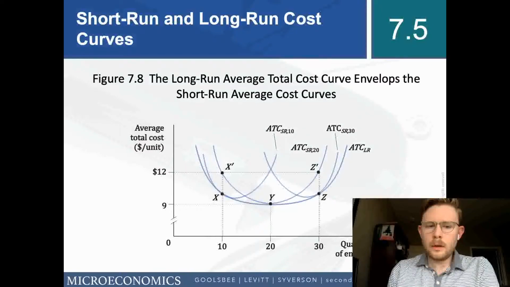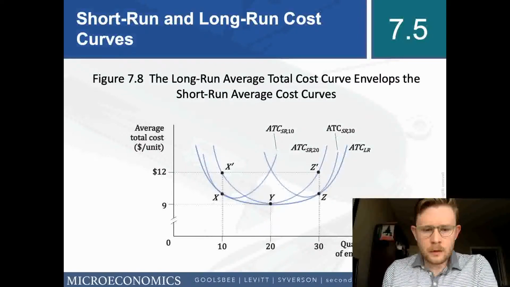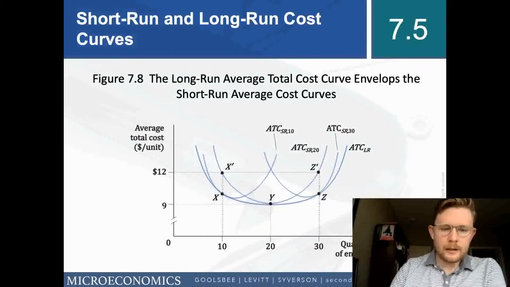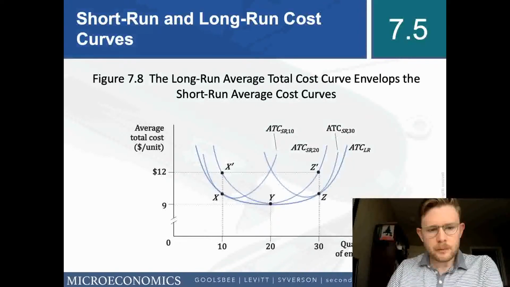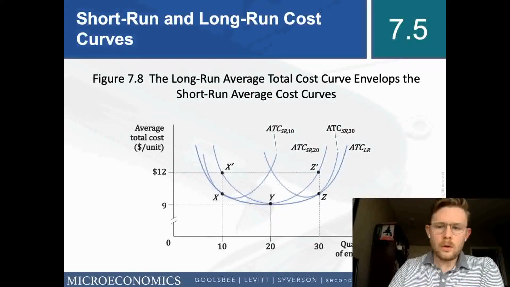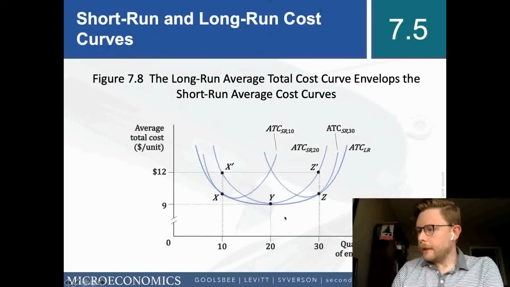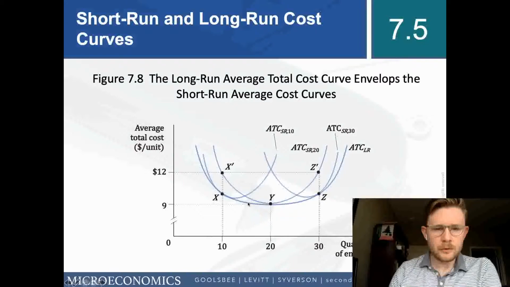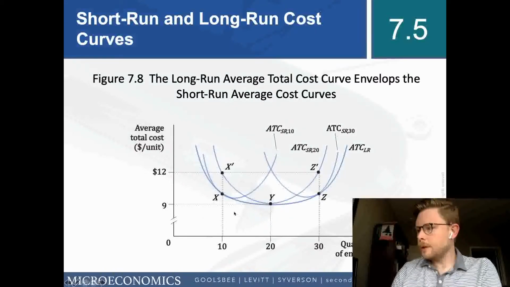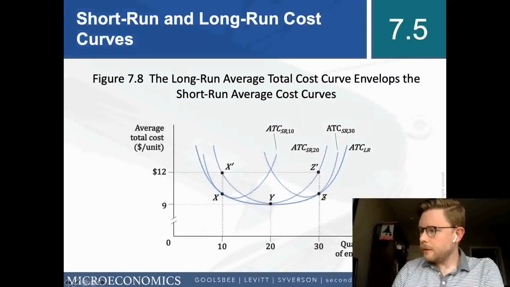So in the long run, just like we saw in the previous graph, we had that long run expansion path. The long run average total cost curve is just going to be this lower envelope right here of all of our short run average cost curves. So it intersects through point X, point Y, and point Z.